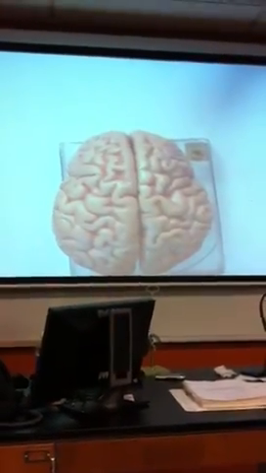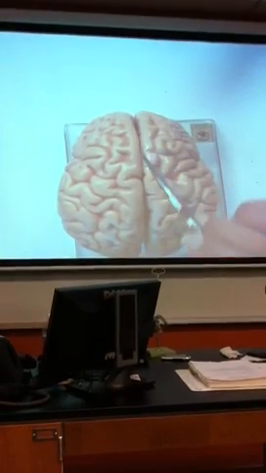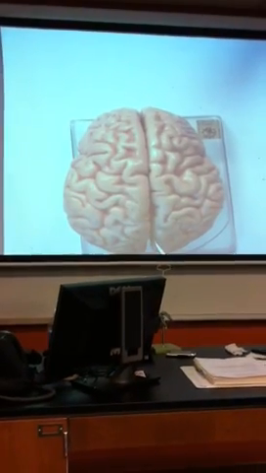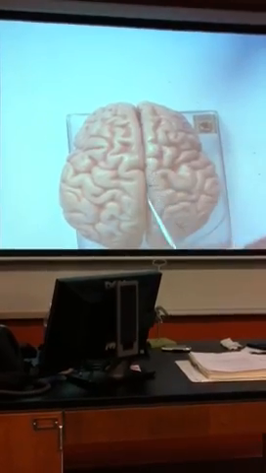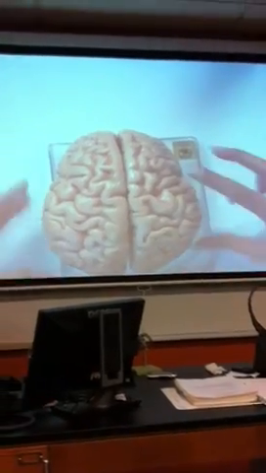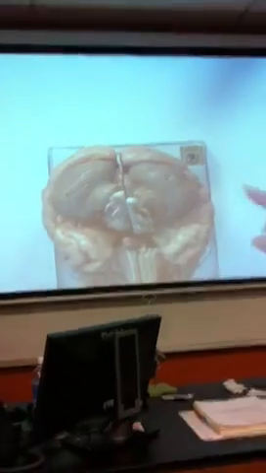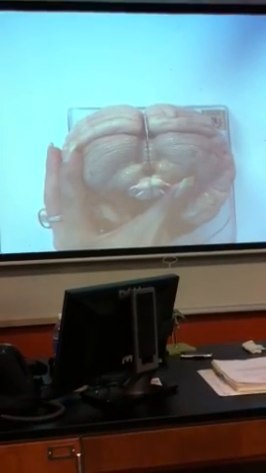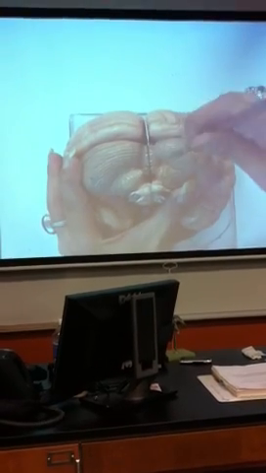Now, a separation is not only a sulcus, but it's also a fissure. And what we have is a separation that separates the 2 hemispheres all the way down the center. And that's known as the longitudinal fissure. If we look at the cerebellum, it also has 2 hemispheres. But its separation point right down the middle here is known as the vermis.